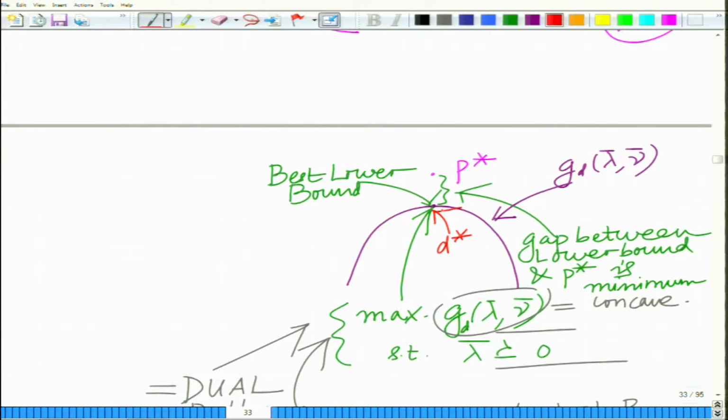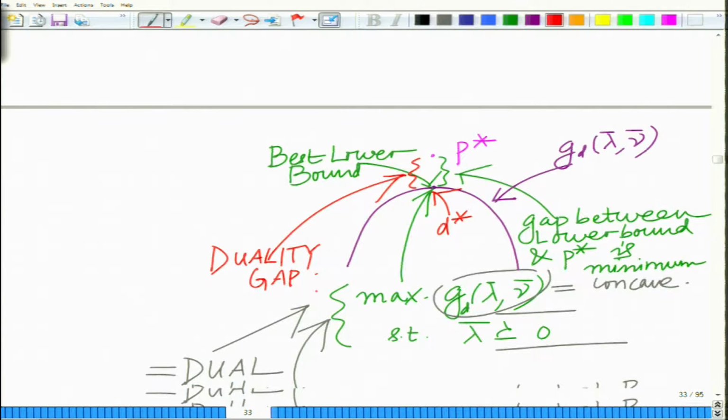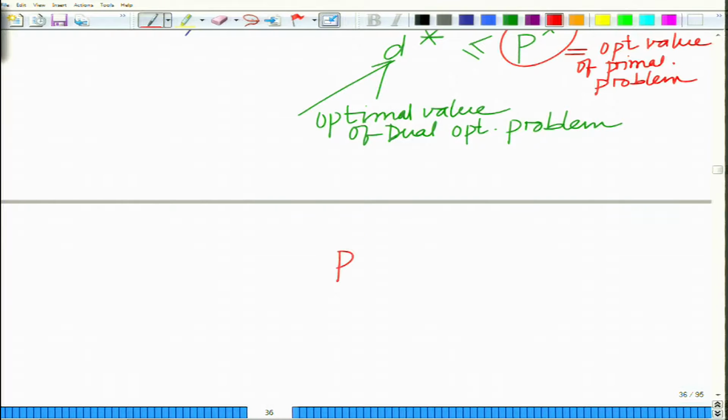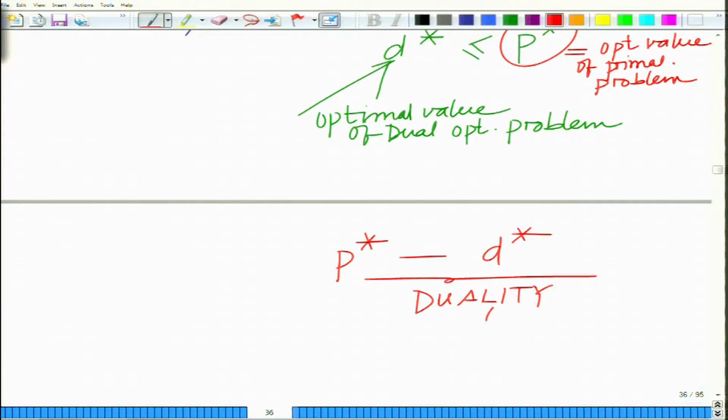And this gap that you see between d* and p*, that is your duality gap. So, d* is less than or equal to p*, and this gap, p* minus d*, is termed as the duality gap.